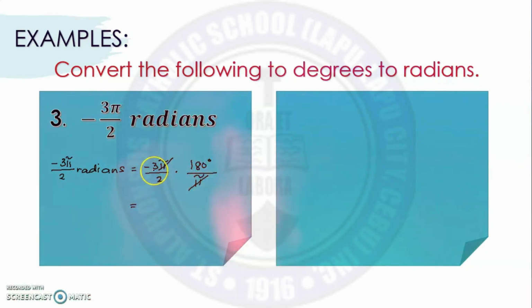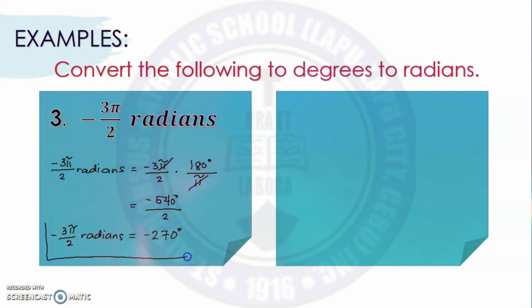And negative 3 times 180 degrees, that would be negative 540 degrees divided by 2, and that would be negative 270 degrees. Meaning, negative 3 pi over 2 radians is just equal to negative 270 degrees, and box your final answer.